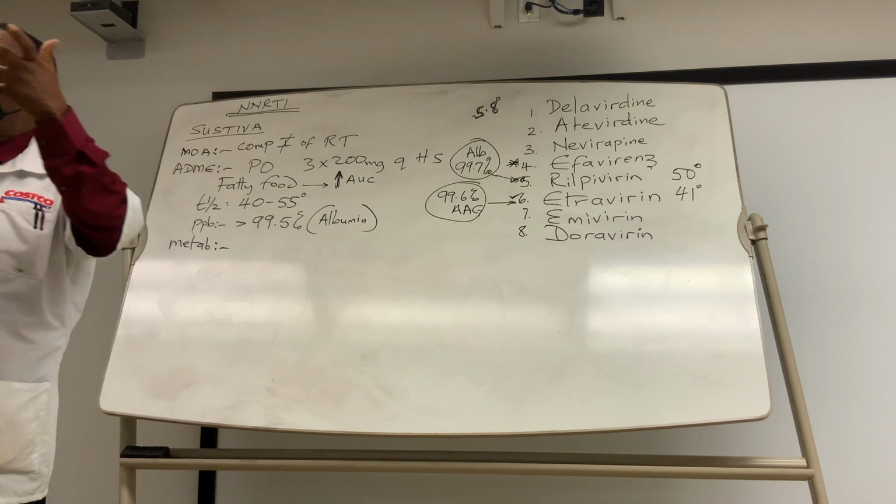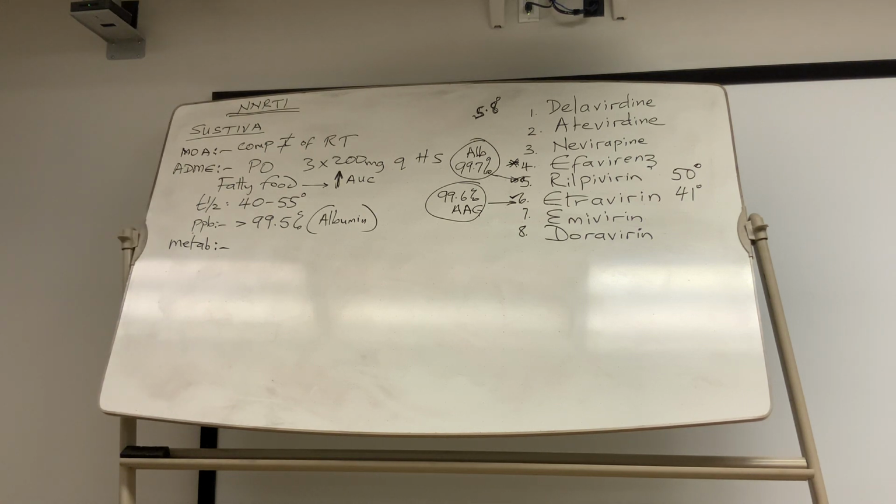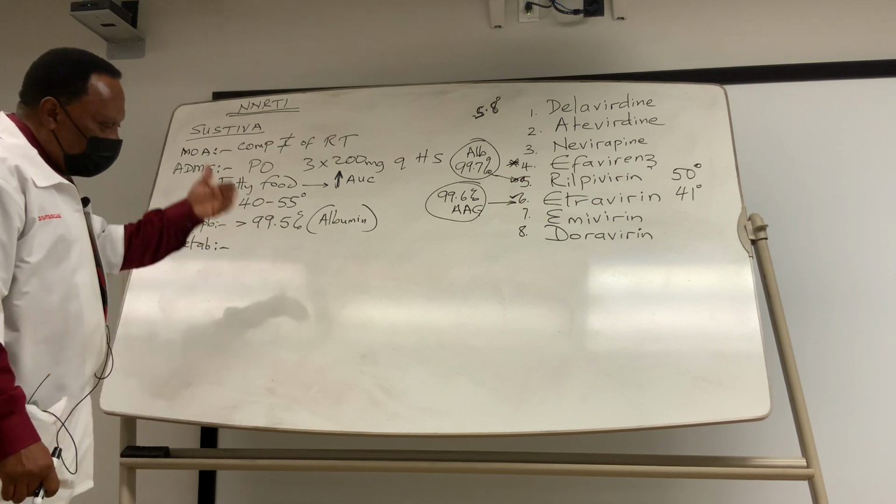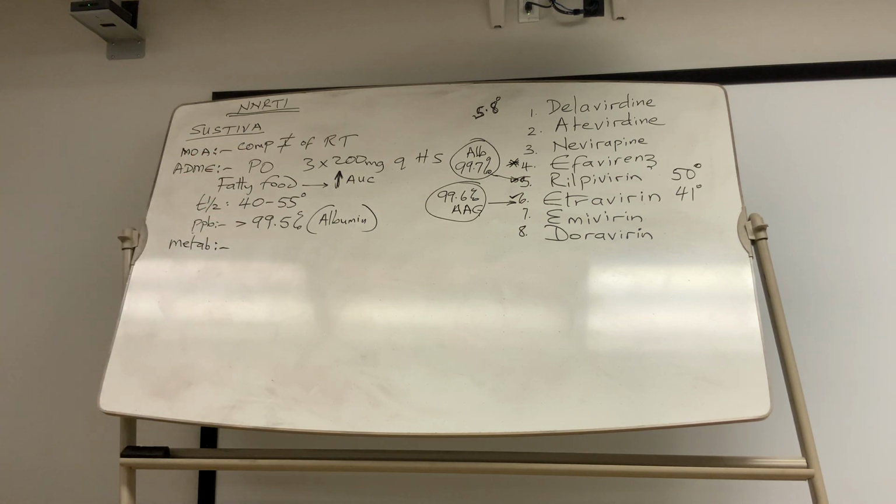That could mean only one thing. It could mean that they are actively transported across your blood-brain barrier. It's either that the drug is highly lipid soluble to get to the CSF, or it is actively transported to get to the CSF. So them being bound, it's most likely that they are actively transported into the CSF, and that's why they produce a lot of CNS related adverse effects.